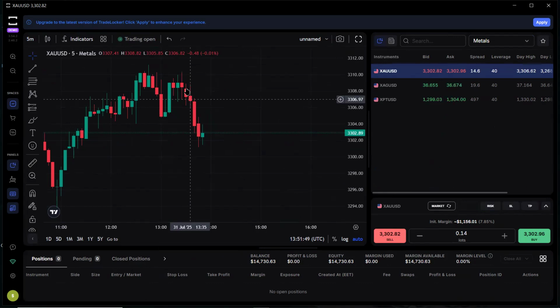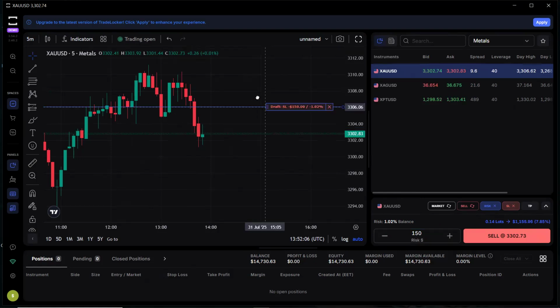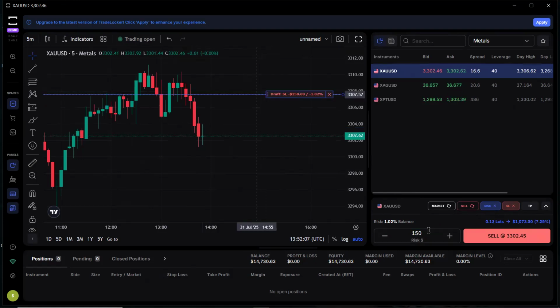Okay, so this was our opening range candle. This is the one which broke out. So our sell is at the breakout of the breaker, which is where price currently is. Then our stop loss is just above the candlestick which broke.